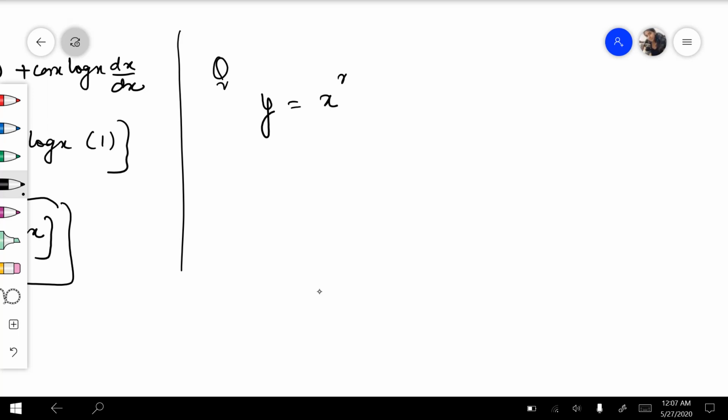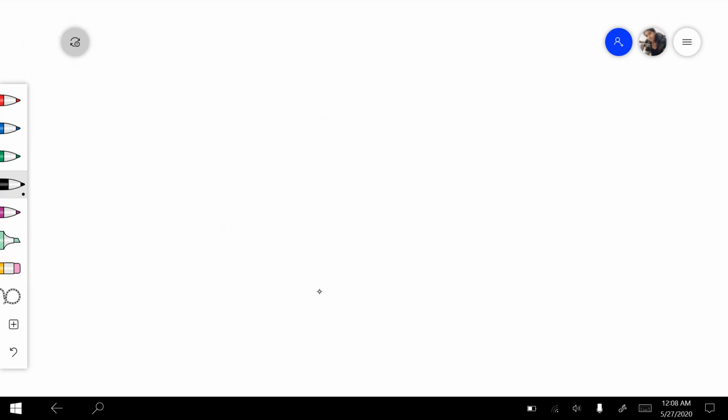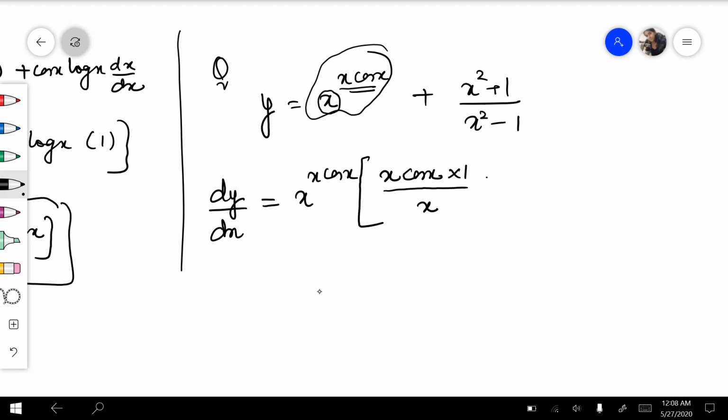y is equal to x raised to power x cos of x plus x square plus 1 upon x square minus 1. ठीक है, तो dy upon dx is equal to, यहाँ पर फंक्शन रेज टू पावर फंक्शन है तो मैंने आपको बोला था एज इट इज लिखिए उसको, इनटू एक्सपोनेंट, एक्सपोनेंट क्या है मेरे पास, x cos of x इनटू डेरिवेटिव ऑफ बेस, क्या आ गया, 1 अपॉन बेस, plus log of base into derivative of exponent.